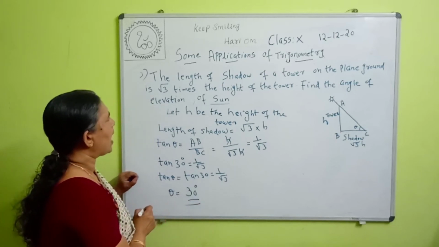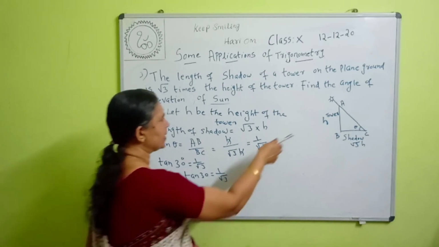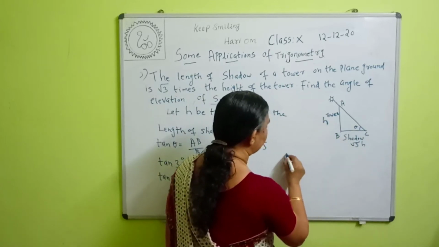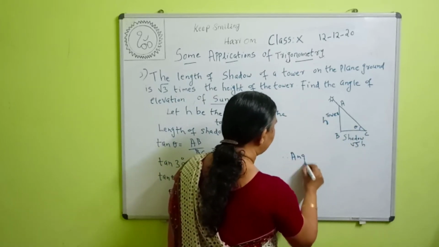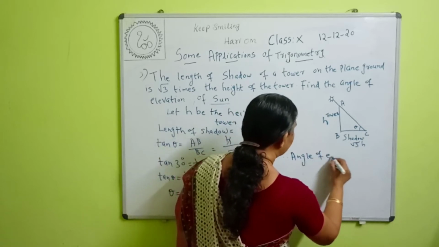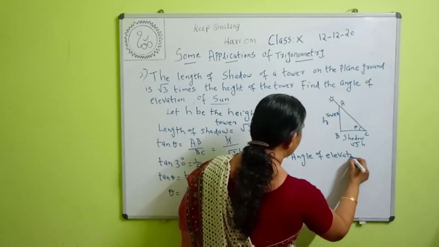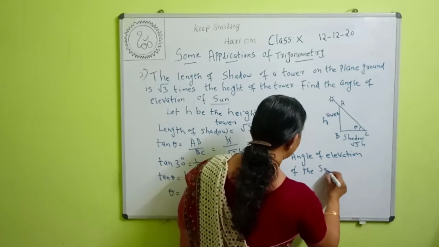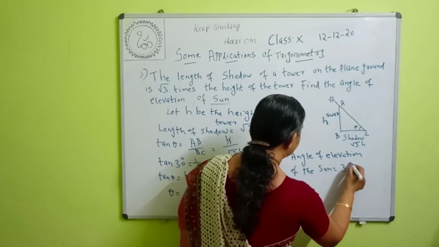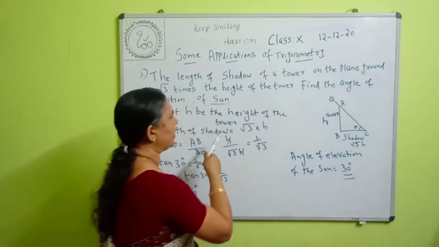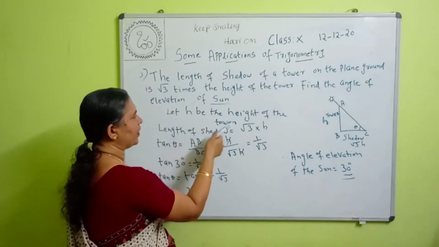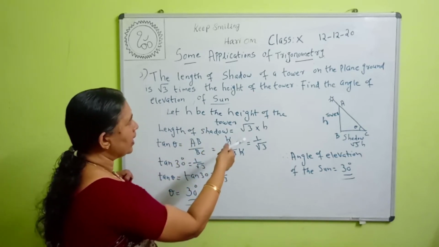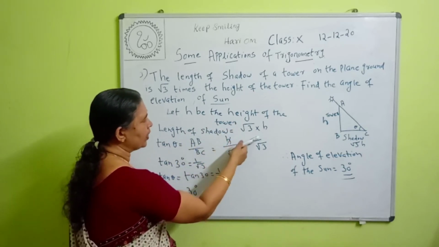Then what is the angle of elevation of the sun? Therefore, the angle of elevation of the sun is equal to 30 degree. Here it is given that the height of the tower is h, and the length of the shadow is root 3 times the height of the tower, that is root 3 h.